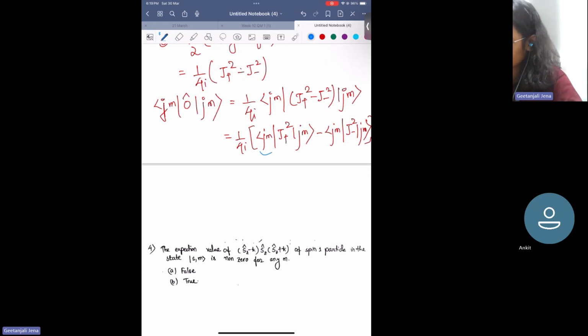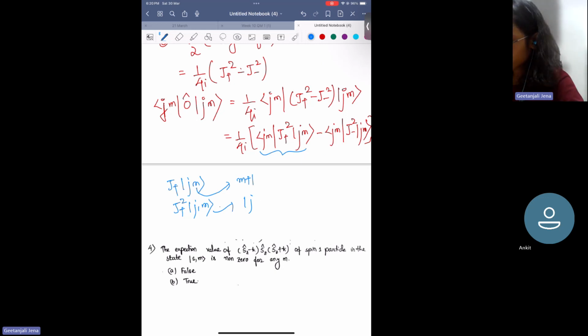Now let's see the first term, this one. When J plus acts on |j,m>, it will raise the state of the system, it will raise m to m plus 1. So if you act J plus twice on |j,m>, then you will get an eigenstate |j, m plus 2>.